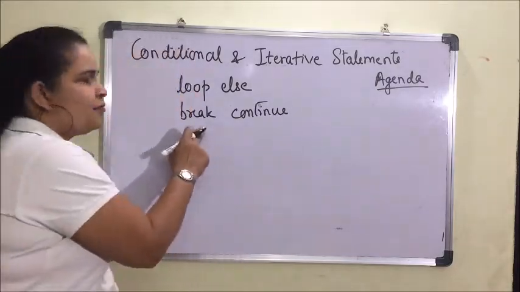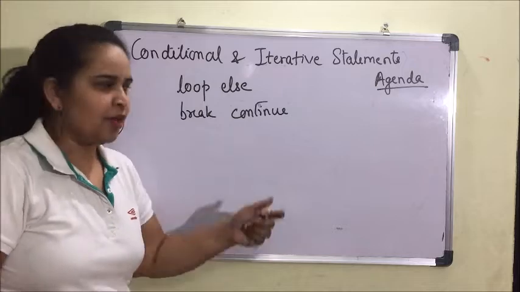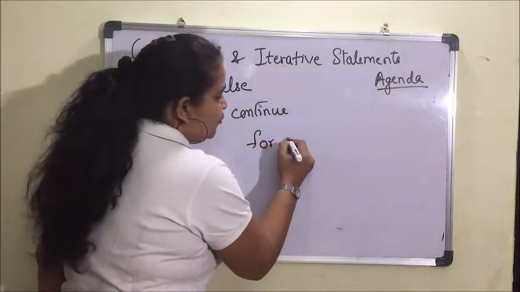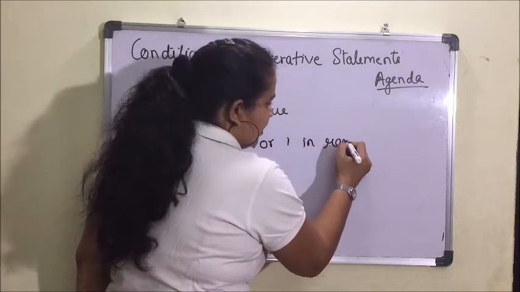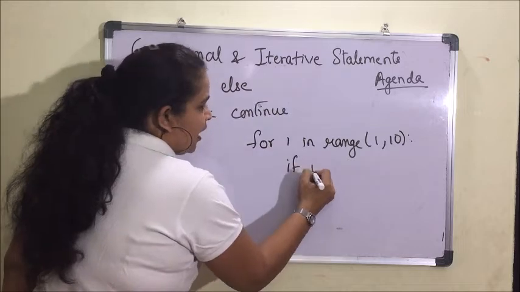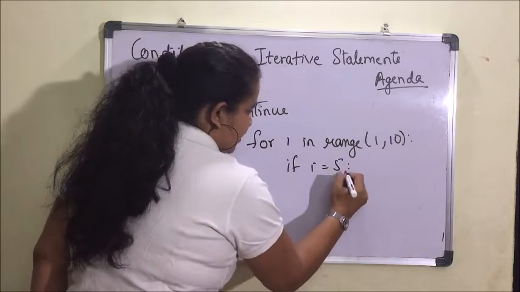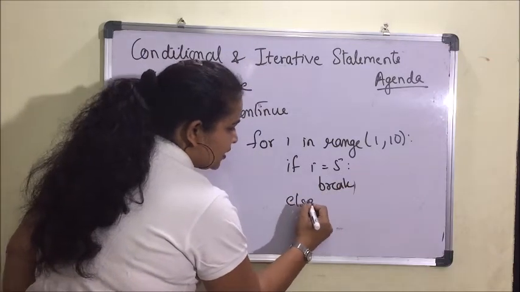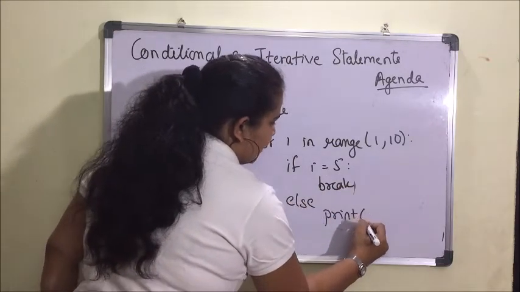Suppose we have a break. I have already explained it in my previous video. Suppose you want to come out of the loop. Suppose I have used a loop, for i in range 1 to 10, if i is equal to 5, break, else print i.